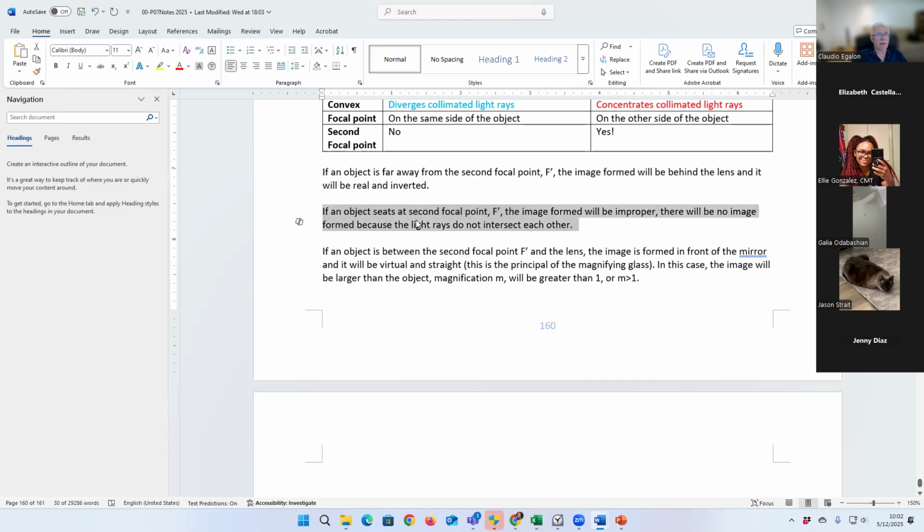If an object sits at the focal point, the image formed will be improper. Just like the mirror, right? If an object sits at the focal point of the mirror, the image formed is going to be improper. There will be no image formed because the light rays do not intersect each other.